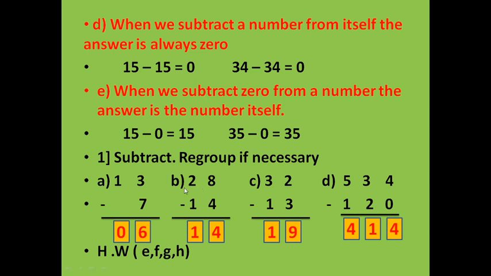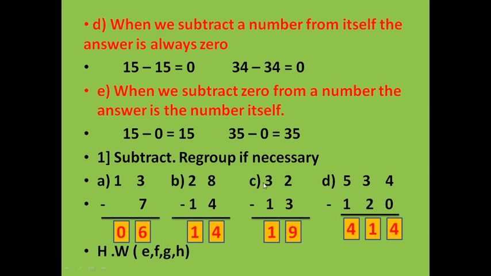Now here 28 minus 14. If I want to subtract 4 from 8, yes I can, because 4 is smaller than 8. I take 4 from 8, it will be 4. Now I can subtract 1 from 2, it will be 1. Now here, if I want to subtract 3 from 2, I cannot, because 2 is smaller than 3.